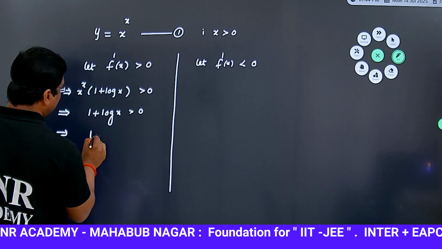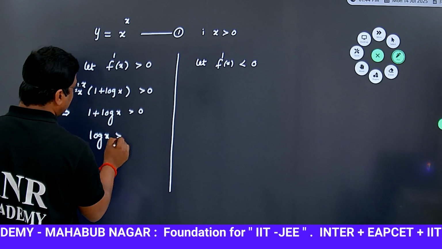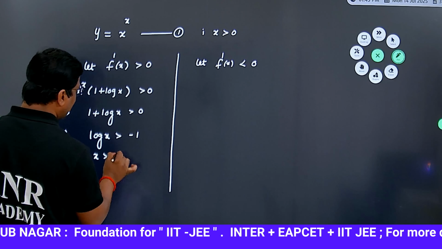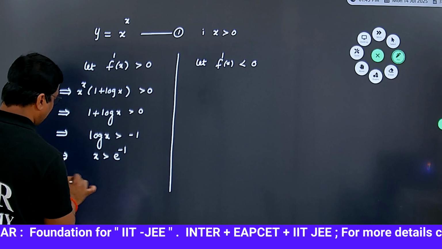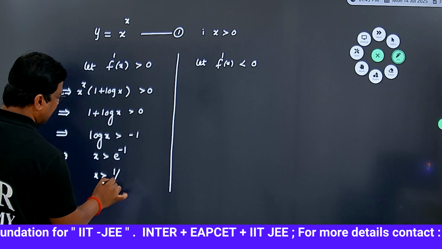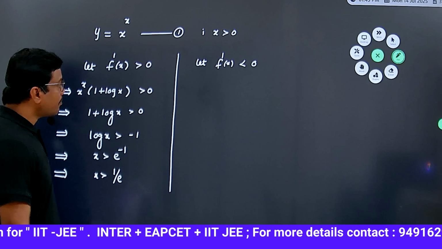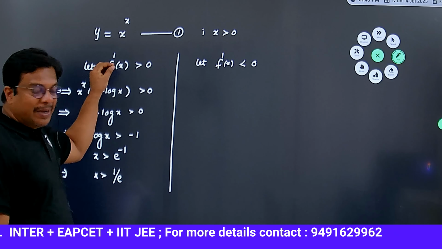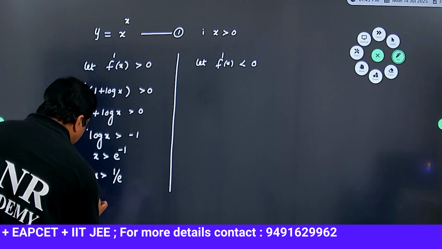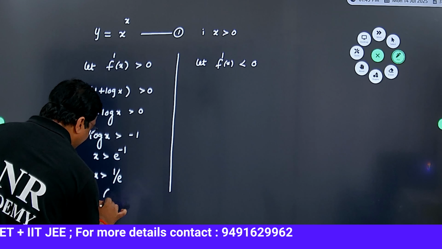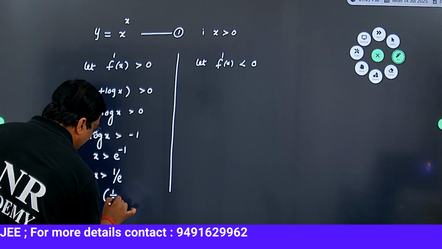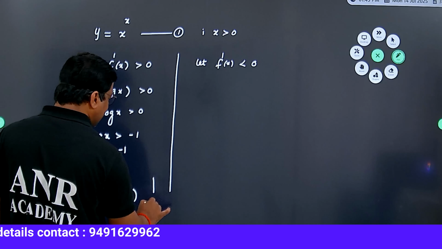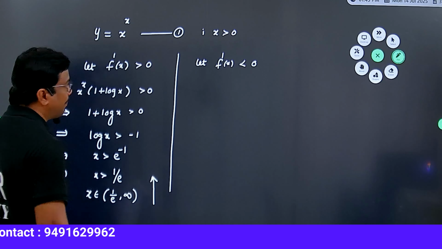This implies log x greater than minus 1, which implies x is more than e power minus 1, so x is greater than 1 by e. So in which interval is it increasing? For all x belongs to 1 by e to infinity, the graph is increasing, remember.